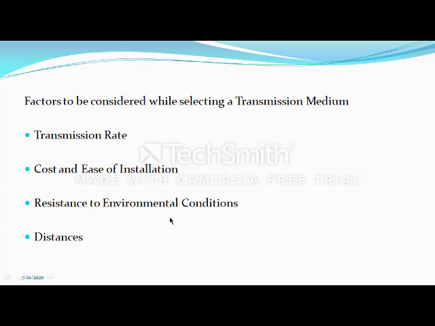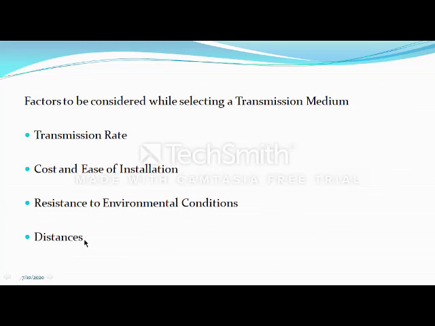Resistance to environmental conditions: because the cables are outside the home or in the atmosphere, they should be resistant to rain, heat and the temperature of the ambience.